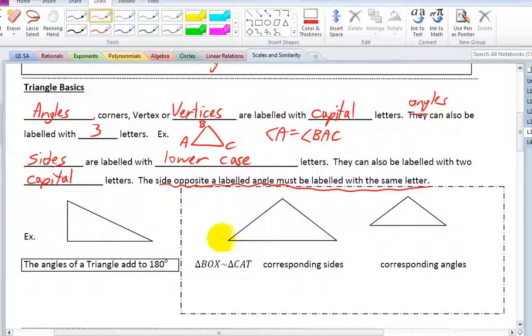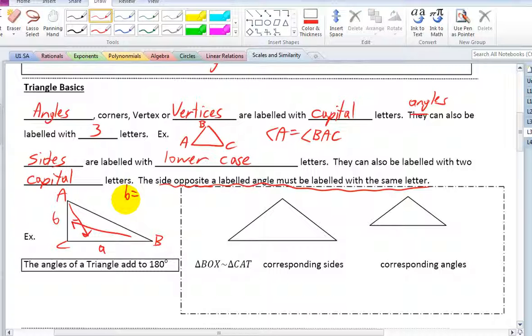So if we have triangle ABC, opposite angle A is little a. Opposite angle B is little b. So little b has a different name.